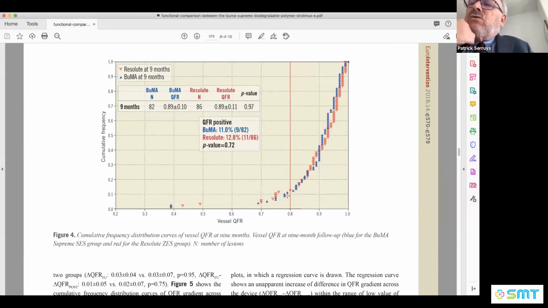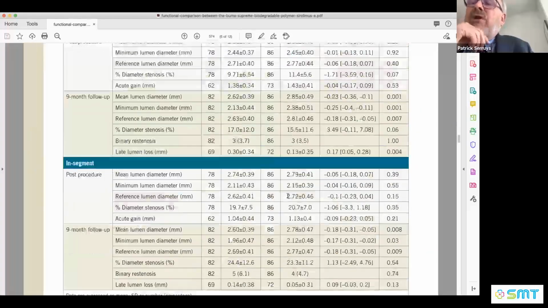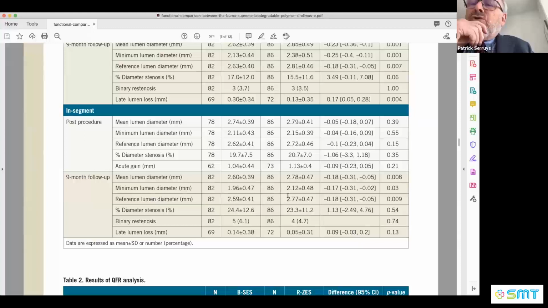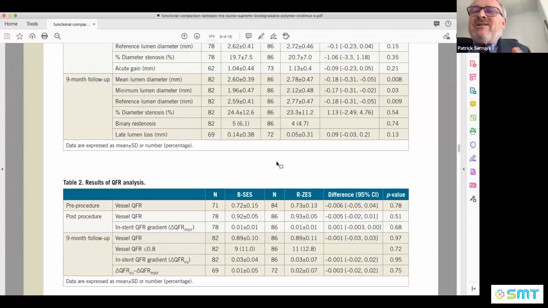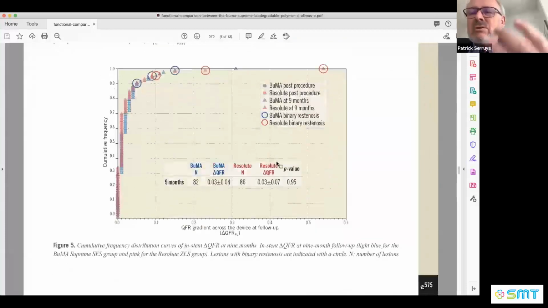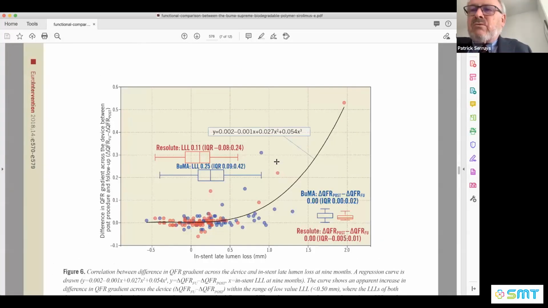And you could see that although there was significantly more loss in the BUMA, in terms of physiology based on QFR, there was no difference. So basically, the late loss, something that I have created, my gosh, I almost regret today, is that the late loss is not the ultimate criteria to judge restenosis. No, it's the physiology. So you were asking a very, very good question, a very important question.